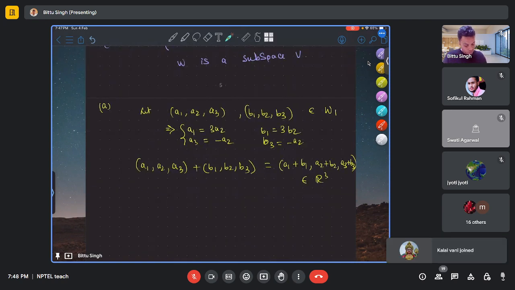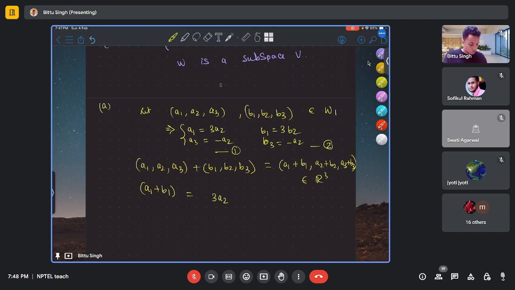So here the first entry is A1 plus B1. But using equation 1 and equation 2, you can write A1 equal to 3A2, B1 equal to 3B2. And this is the same as 3 times A2 plus B2.